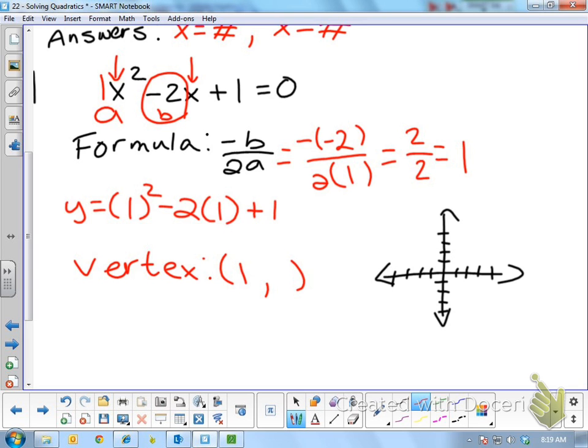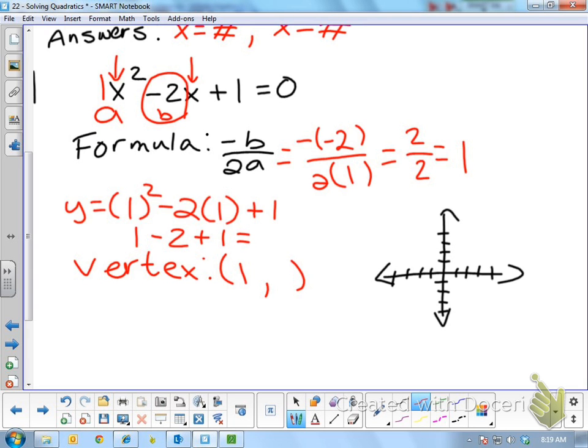It will not come out to be 1. What is 1 squared? 1. Negative 2 times 1 is negative 2. And then still plus 1.